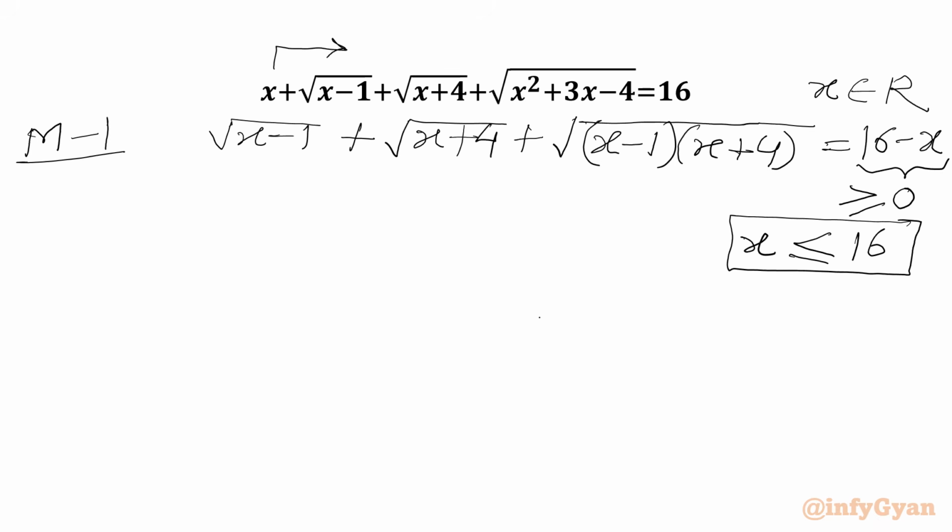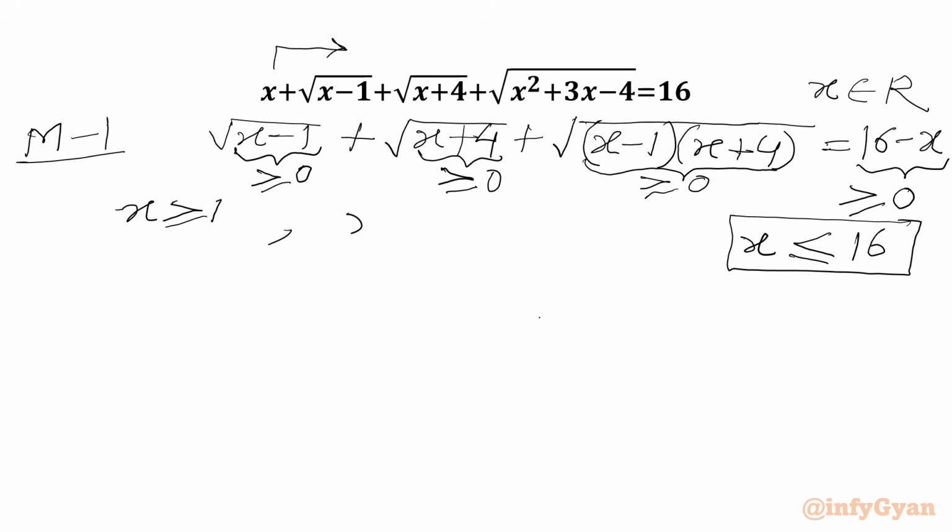Now our radicands must be non-negative too. So we'll write here x minus 1 should be greater than or equal to 0, here x plus 4 should be greater than or equal to 0, and here the product should be greater than or equal to 0. So from the first condition we will get x should be greater than or equal to 1. Here x should be greater than or equal to minus 4.